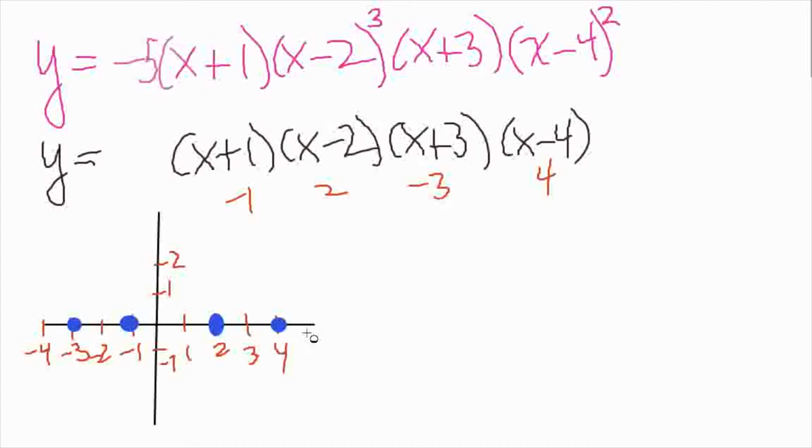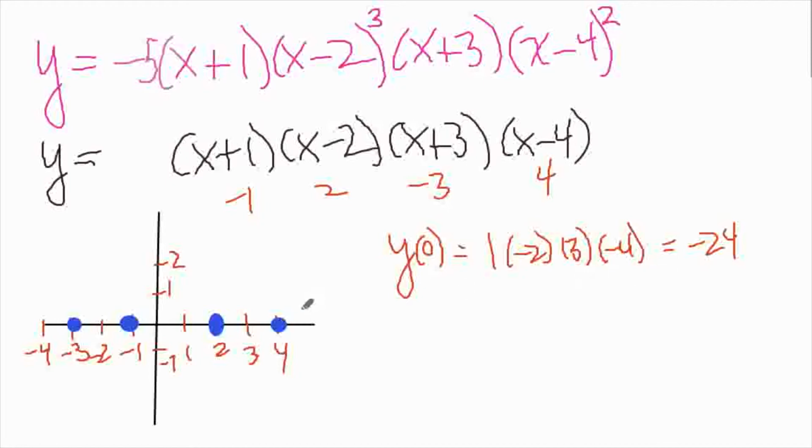Now we can also get the y-intercept. Let's plug in 0. What is y of 0? Plugging in 0, we get 1 times -2 times 3 times -4. That gives -24, right? So the y-intercept is going to be way down here somewhere at -24.